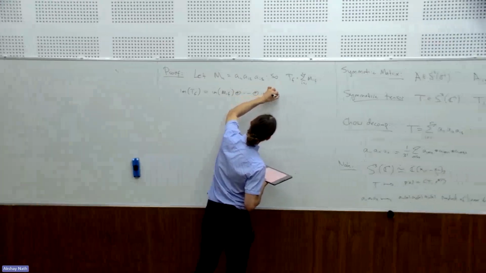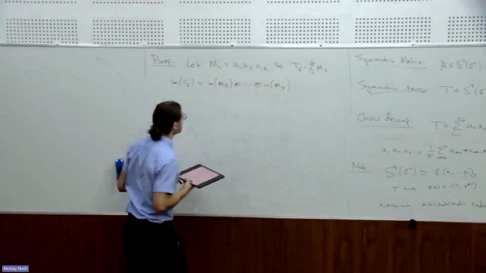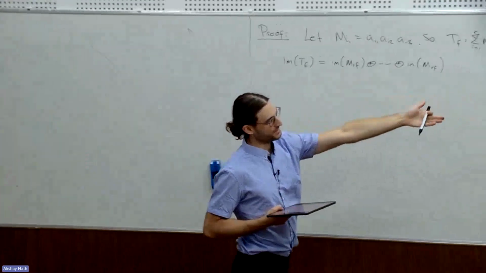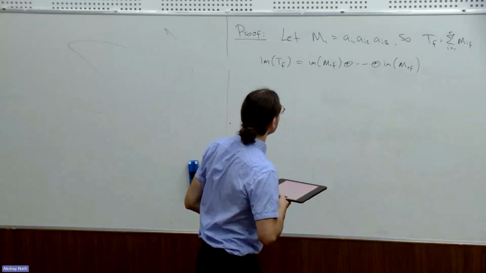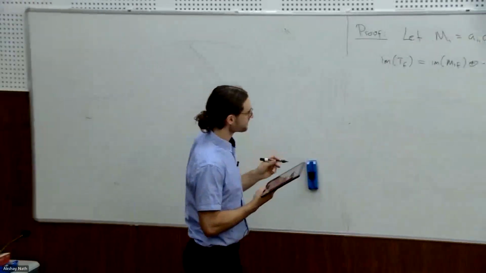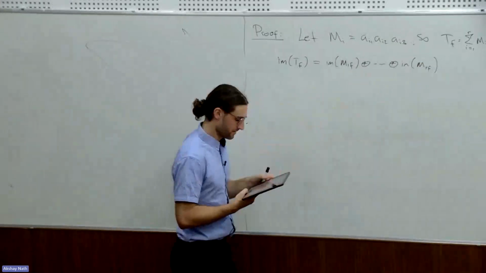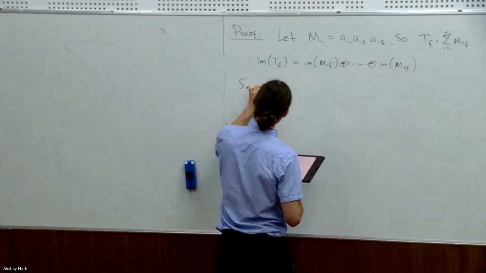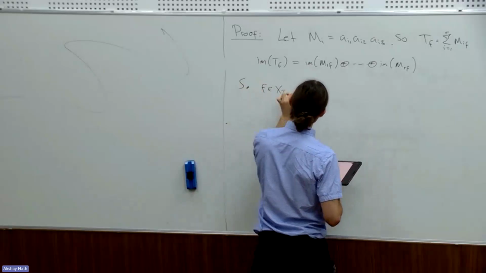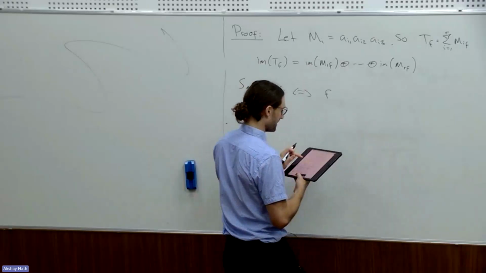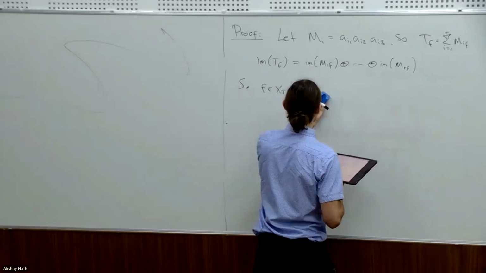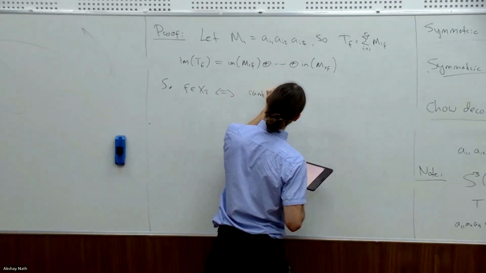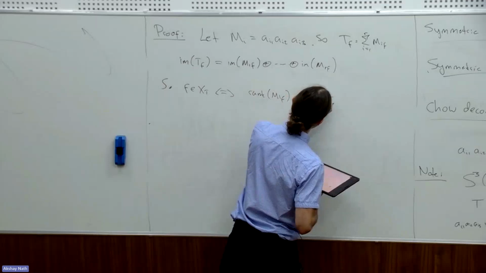This follows from the assumption that all these A_ij are linearly independent, so these spaces don't intersect each other. So f is in X_T if and only if the rank of M_i f is less than 3 for some i.